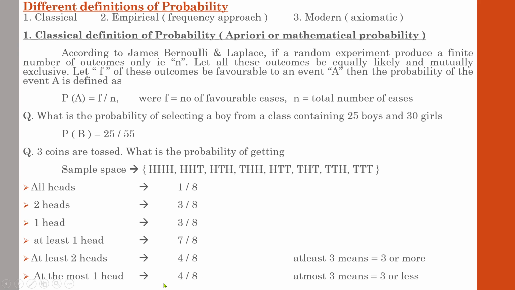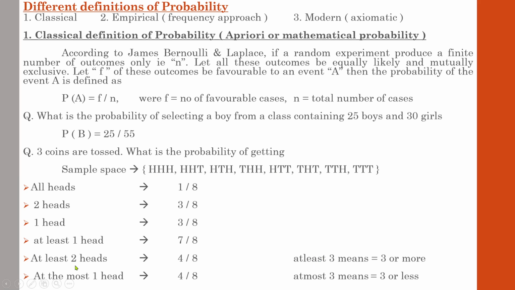So this is how you need to find the probabilities for events like tossing coins or throwing dice. Remember, whenever you come across a question where dice or coins are thrown or tossed, look for the events. If more than 2 coins are tossed, or more than 2 dice are thrown, try to write the sample space like this.